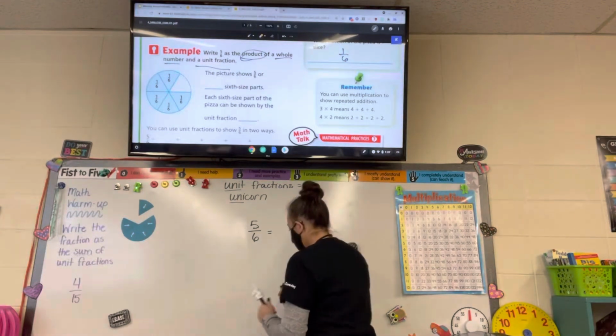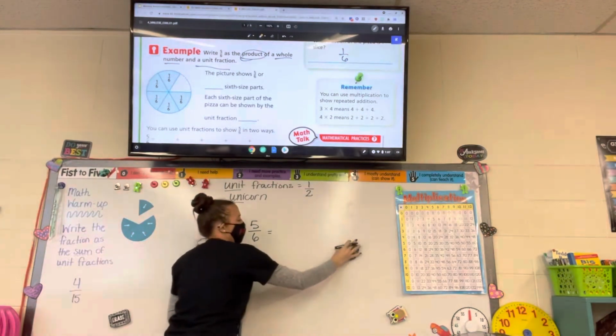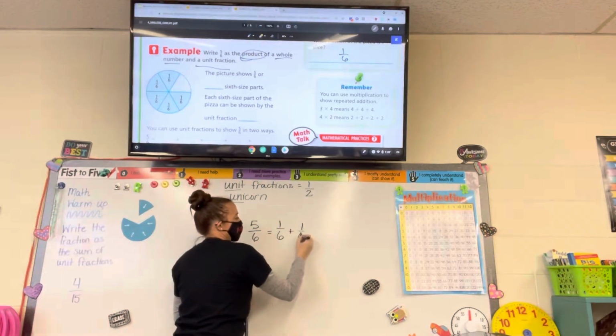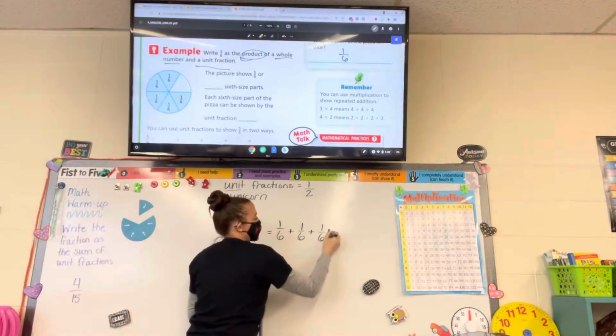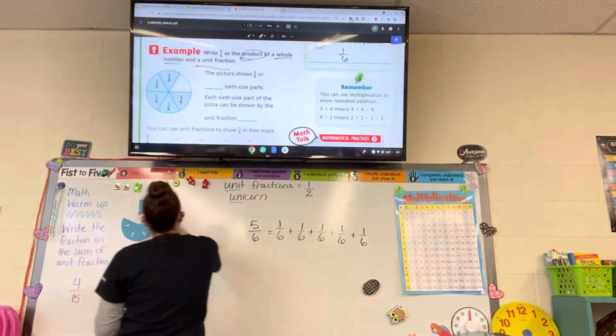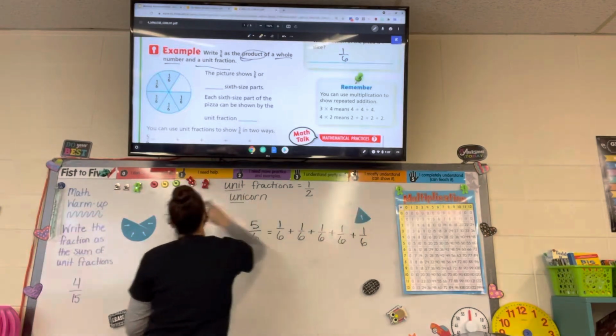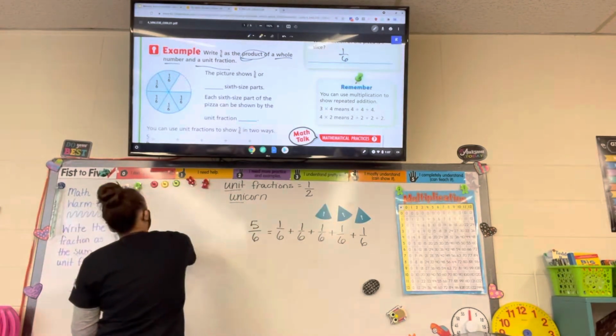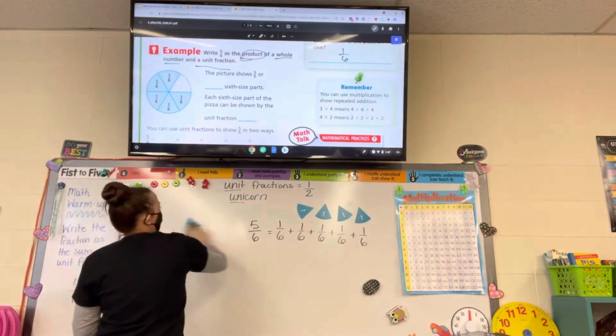Because think about this. 5/6 is the same as 1/6 plus 1/6 plus 1/6 plus 1/6 plus 1/6.